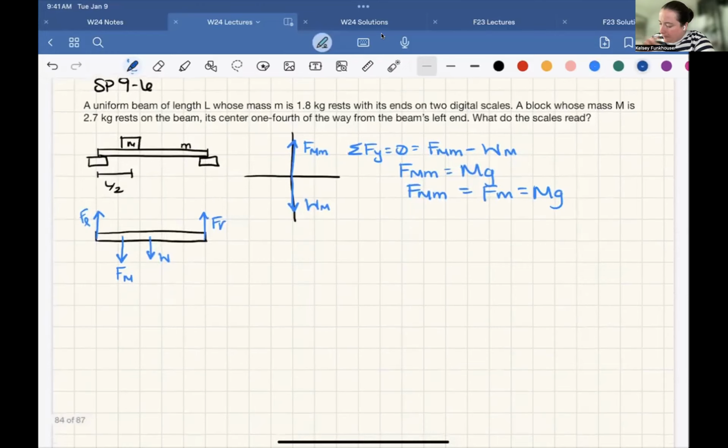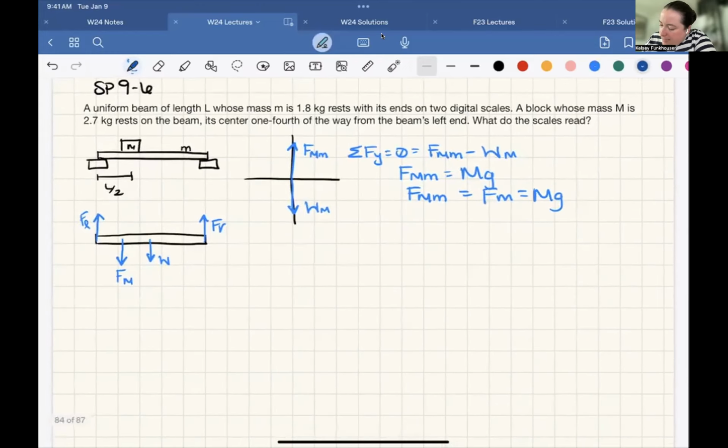So then, actually, let's define some distances. And this is something that happens when you have a system in equilibrium: you can decide where the pivot is. You can just say, this seems like a place that could rotate.